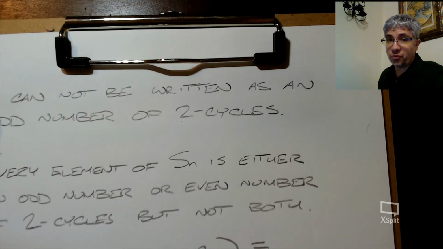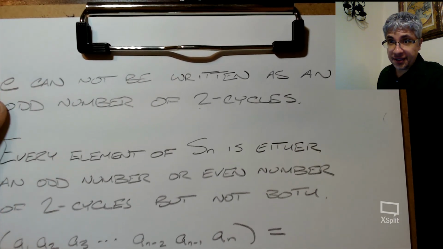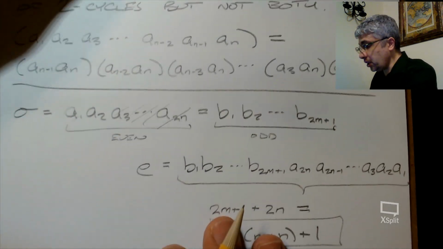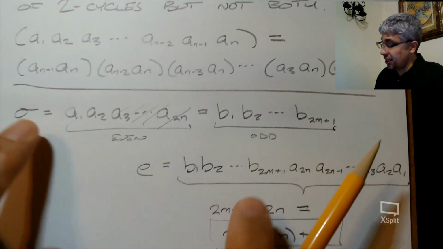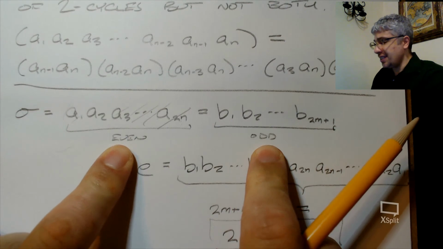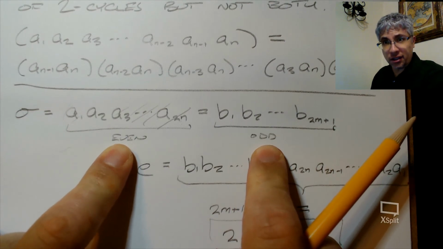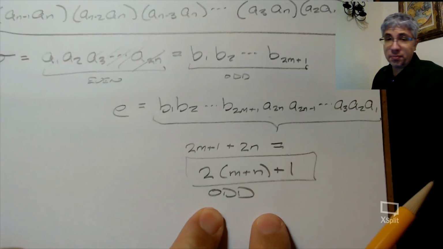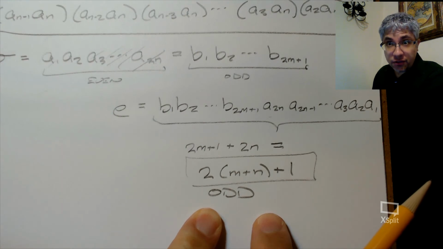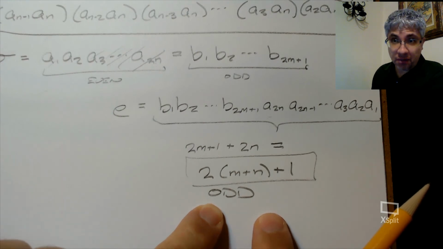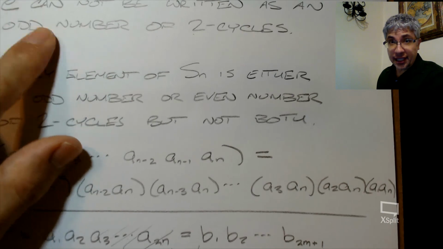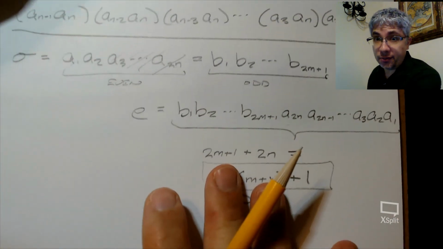Now our assumption was that the identity can't be written as an odd number of 2-cycles, so we know that if there were any permutation sigma that could be written both as an even number of 2-cycles and an odd number of 2-cycles, then we would be able to write the identity as an odd number of 2-cycles, which is a contradiction because our assumption is that we cannot. So that's how that argument works.